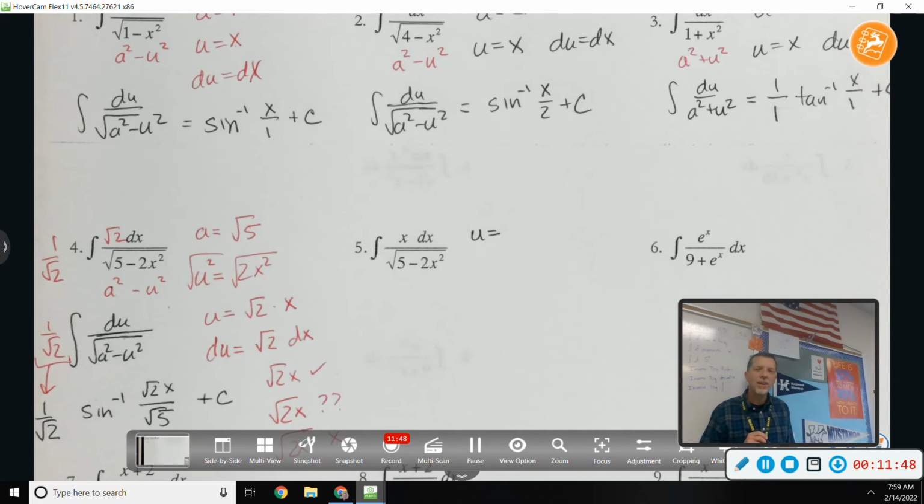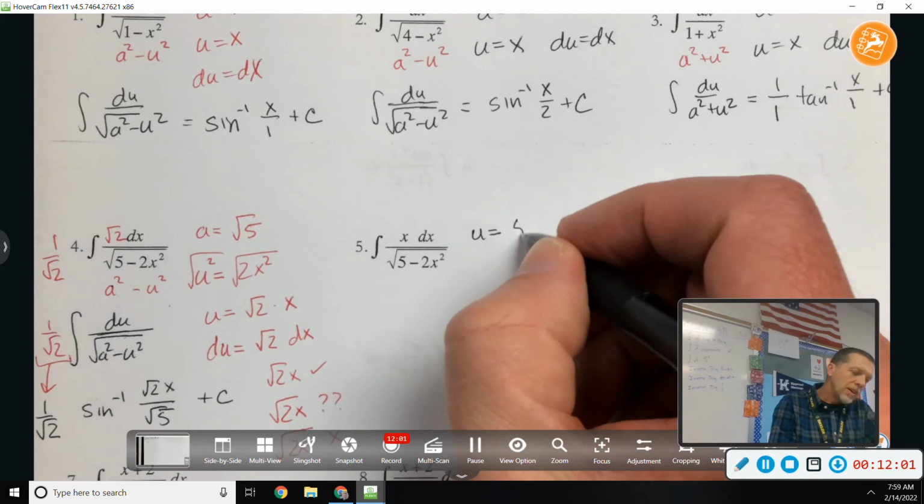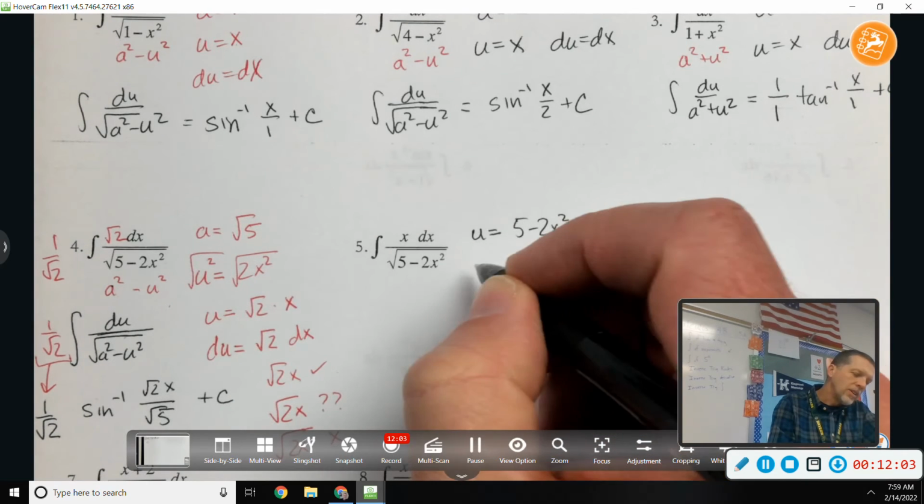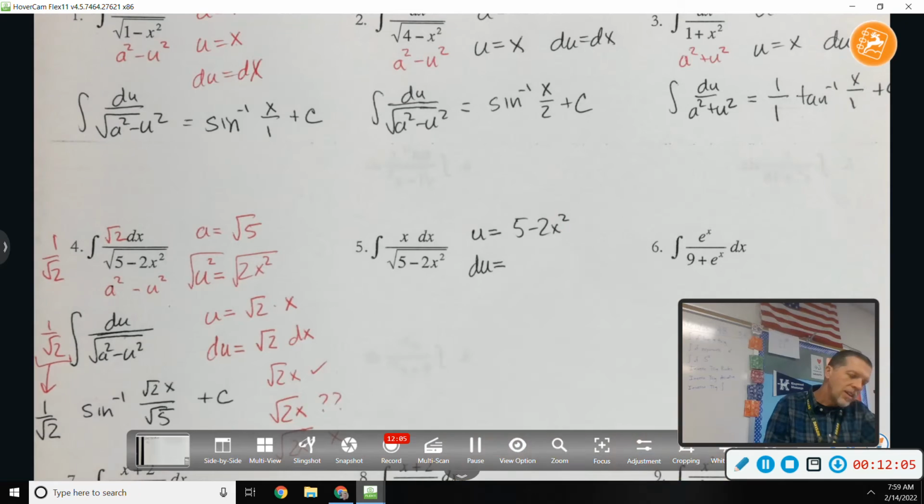So think back. What would be a good value of u so that du would show up? Because if u is 5 minus 2x squared, that takes care of the whole denominator. That's good.